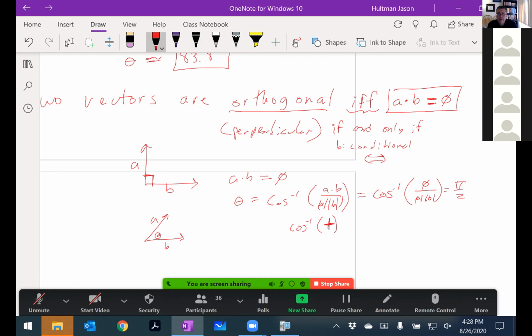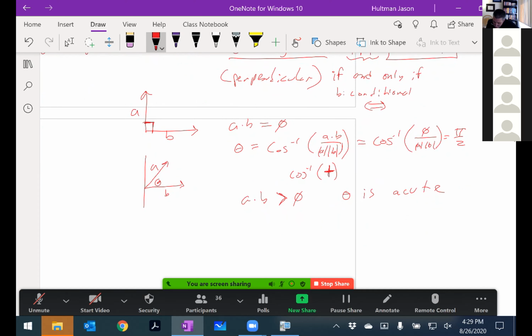What type of angle is that? It's an acute angle. Yeah, it's in quadrant 1, isn't it? The cosines are positive in quadrant 1, and so this is an acute angle. So if A dot B is greater than 0, then theta is acute. If it's positive, it's acute.